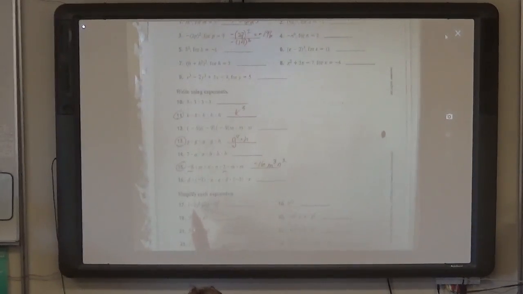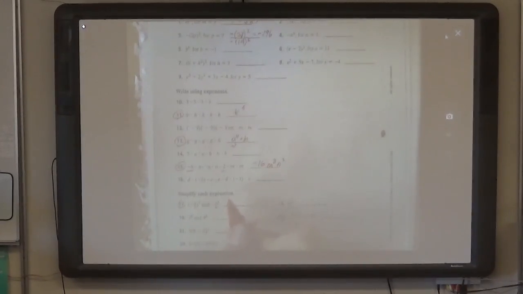Simplify each expression. What's the difference between these two? Number 17. Abby? Very good. One has the negative sign in the parentheses, the other one has it outside the parentheses.